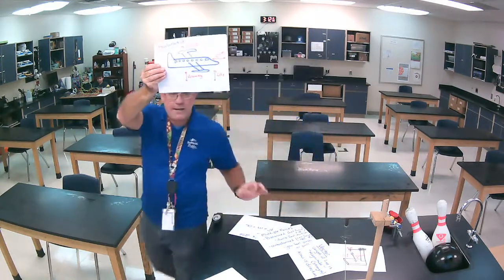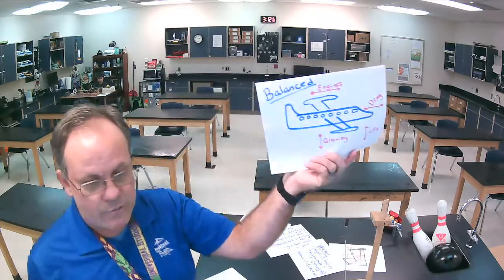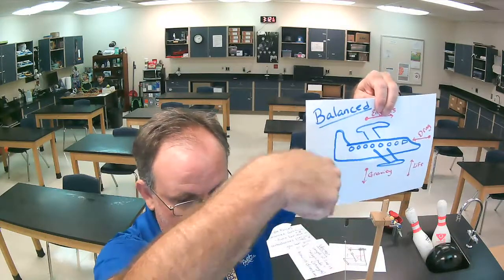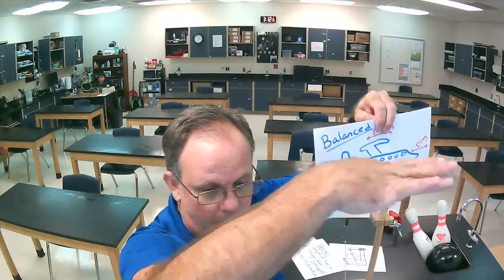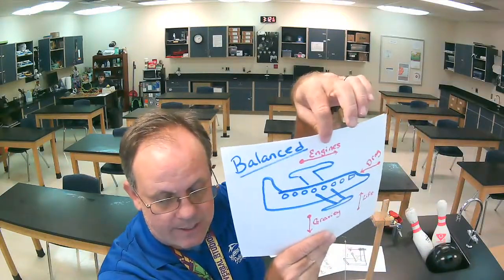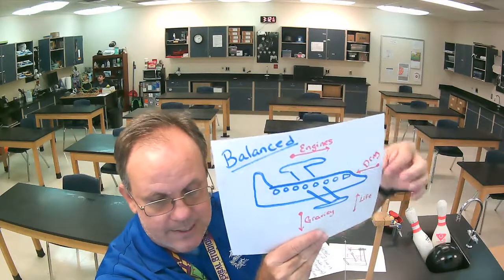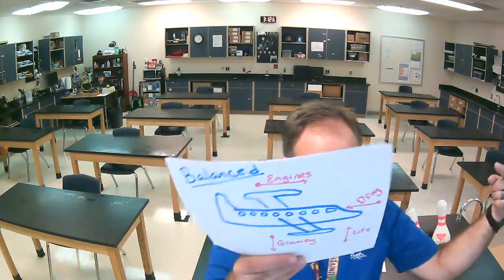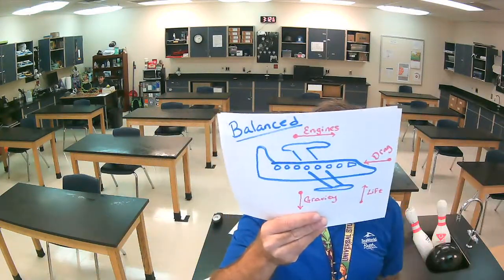So when the airplane gets up to its highest cruising altitude, the wings are providing the same amount of lift that gravity's pulling down, so the airplane flies along. It doesn't go down, it doesn't go up. The engine is pushing forward with the same force that air pushing on the outside of the plane is pushing back.